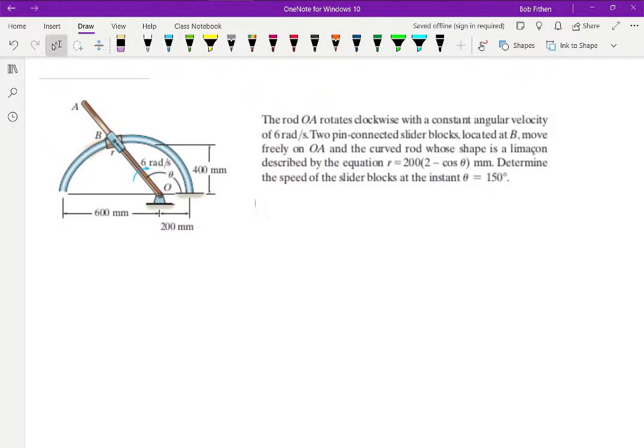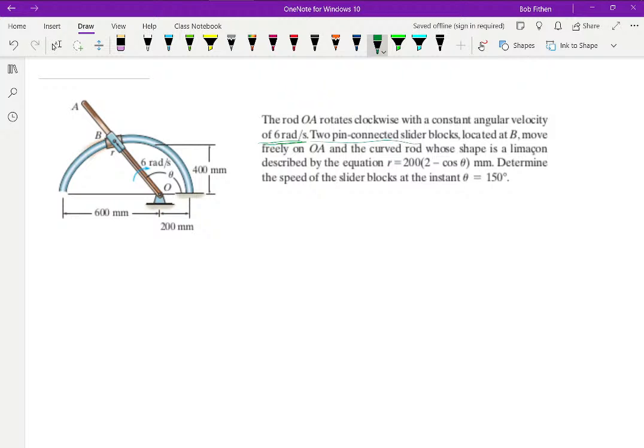So it says this rod, OA, this is the rod right here, rotates clockwise, that's this way, with an angular velocity of 6 radians per second.